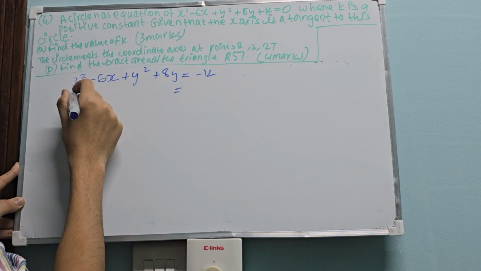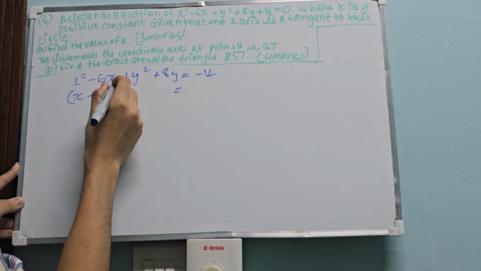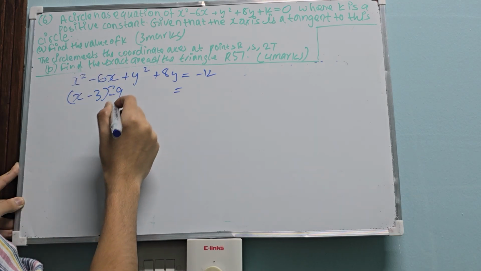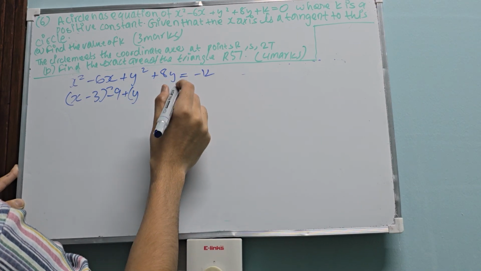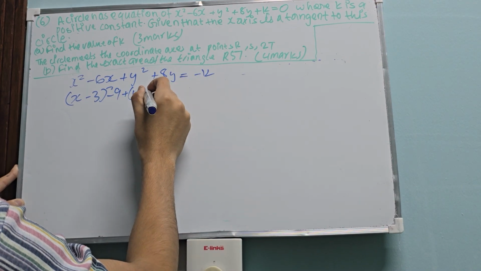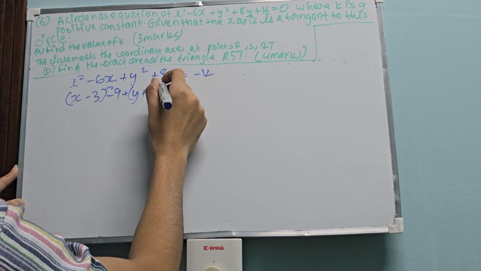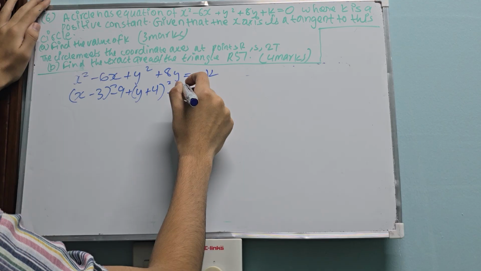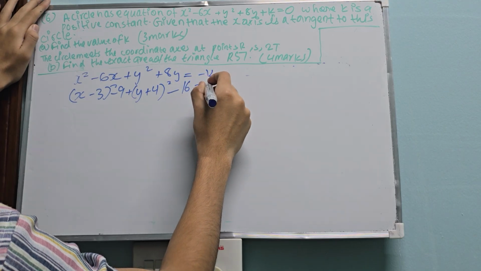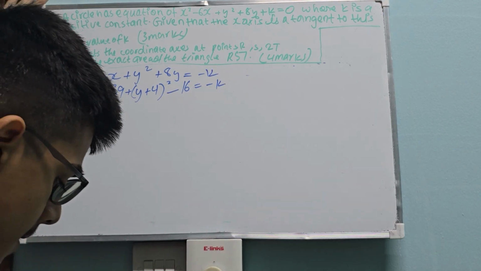Apply completing the square: minus 3, half the coefficient of x, and for y plus half of it, 4, and minus 4 squared, which is going to give us minus 16, is minus k.